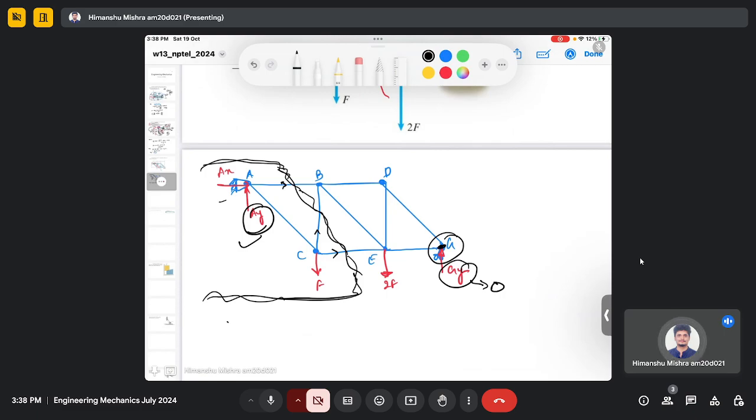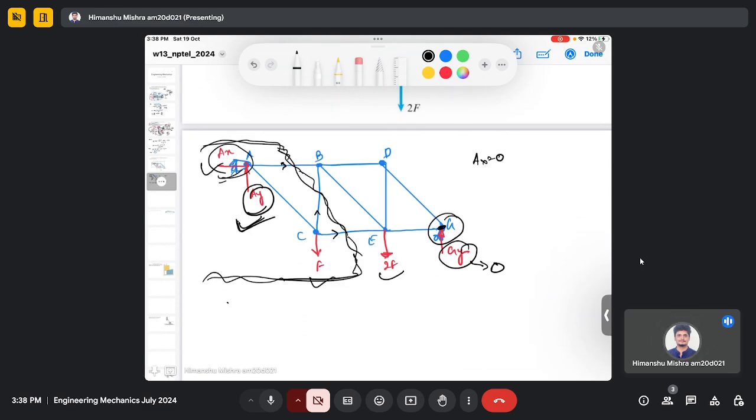The moment will be there due to Ay, F, 2F and Ax. Now since there is only one horizontal reaction force on the entire truss, Ax will be zero here. By just visualization, if you do the force balance analysis, you will find the only horizontal reaction force Ax is zero.